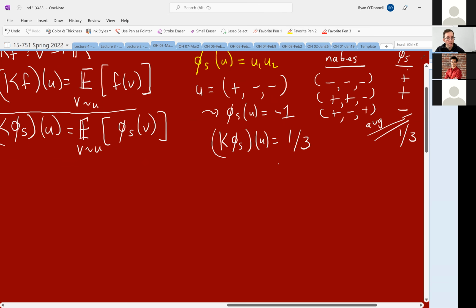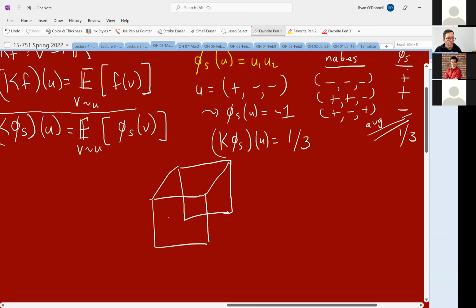Should we even draw a picture? Somehow the graph looks like this. Phi S is probably the product of... okay, maybe a picture is going to be too laborious to draw.